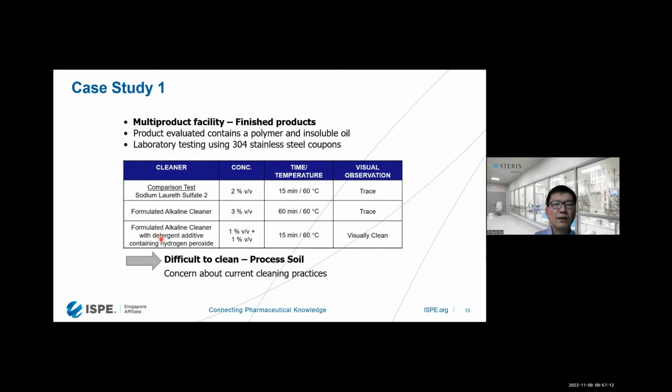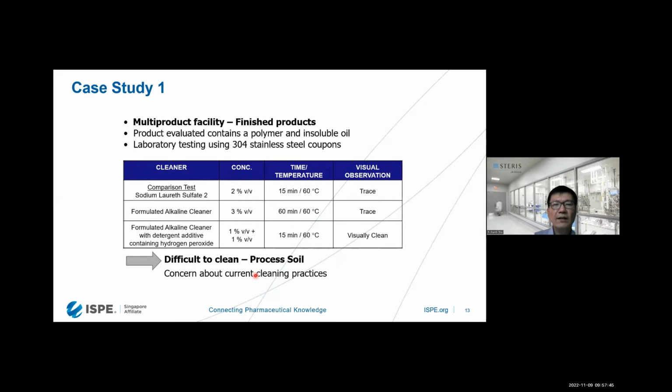In this case, because this soil is not easy to clean, the formulated alkaline cleaner will need to be used in conjunction with a detergent additive containing hydrogen peroxide. Basically, this can be considered a booster for the alkaline cleaner. So in this case, it's 1% alkaline cleaner plus 1% booster, for 15 minutes at 60 degrees, and then it's visually clean.